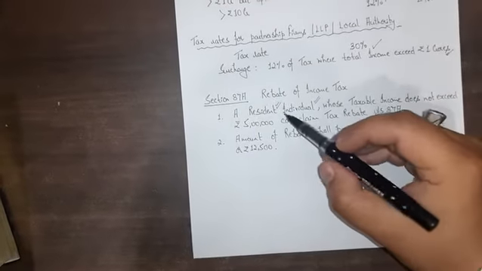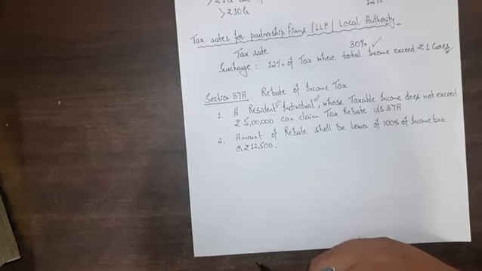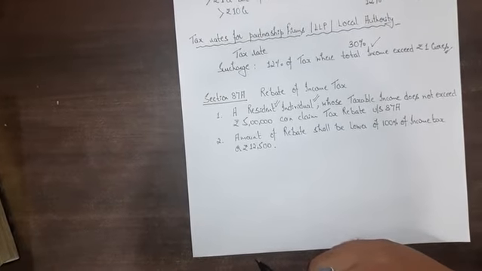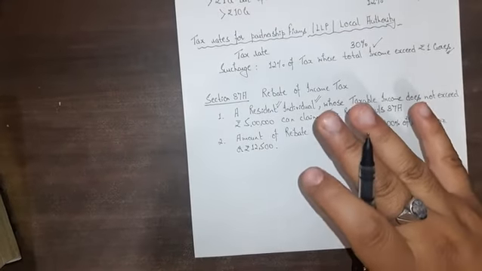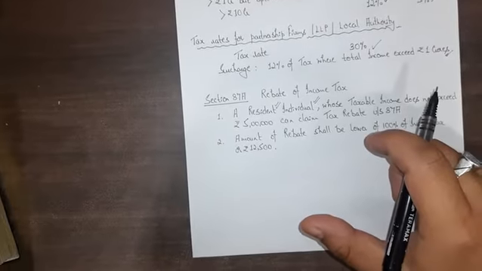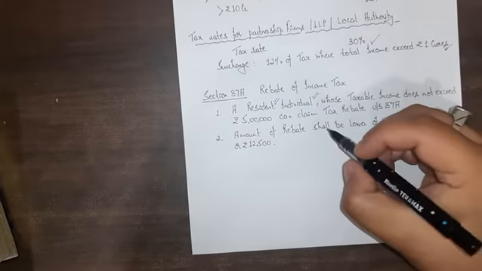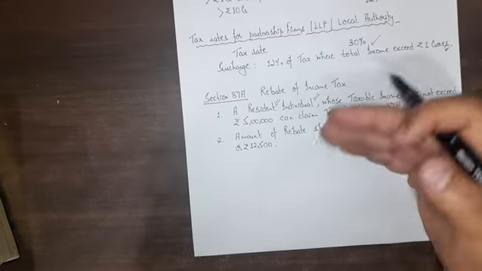Now, there is section 87A of the Income Tax Act, which talks about rebate of income tax. This section is basically applicable to an individual, and that too only a resident individual. So this section is not applicable to a non-resident or a resident company.